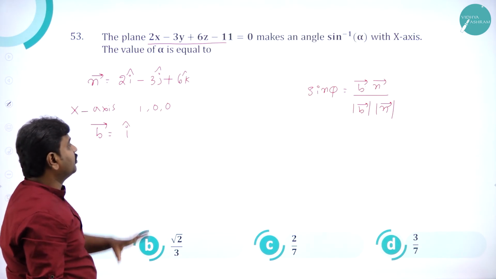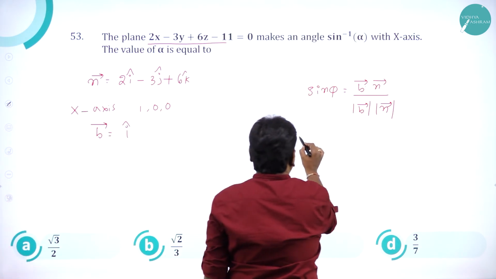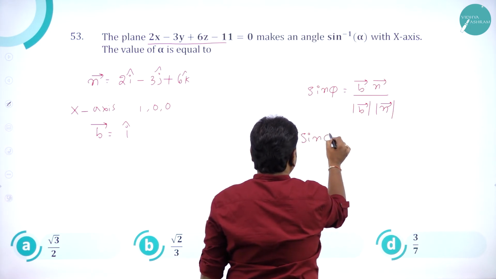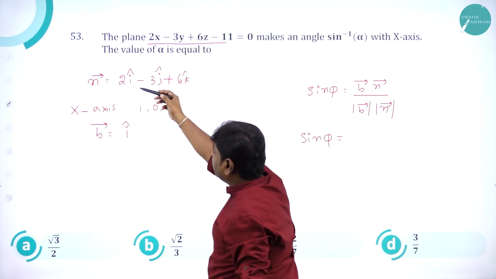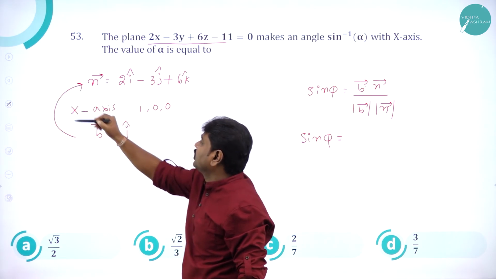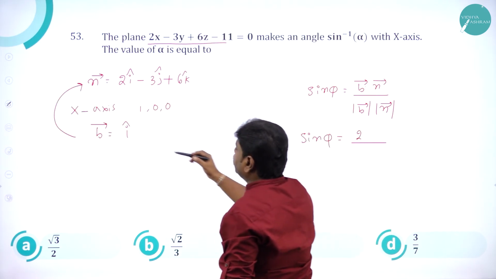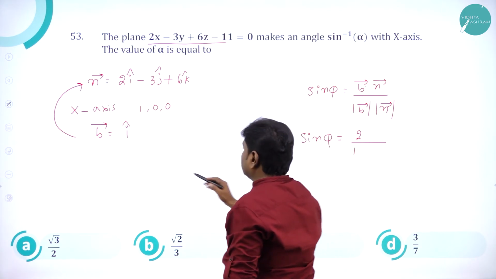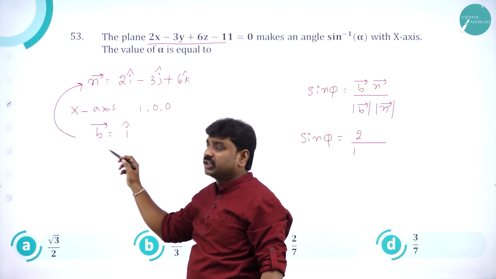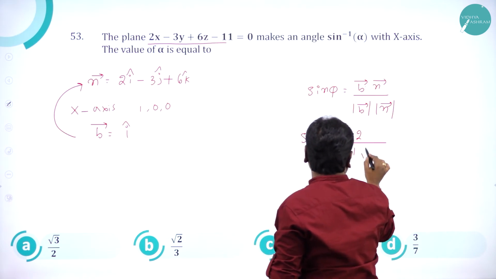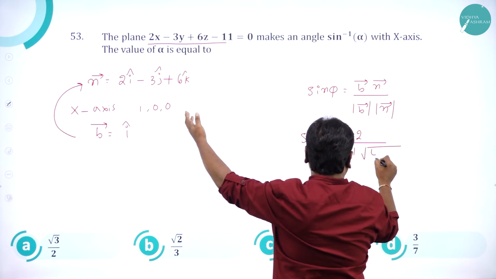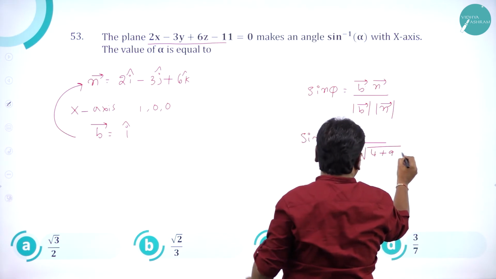Now angle between them. What is the angle between them? Sin psi is equal to b dot n. If you do dot product of these two, b and n, you will get 2 ones are 2, that's it. Remaining everything becomes 0. Magnitude b is 1. All of you know how to find magnitude. Root of 1 square, that's it. Magnitude of n is what? Root of 2 square is 4, minus 3 square is 9 and 6 square is 36.